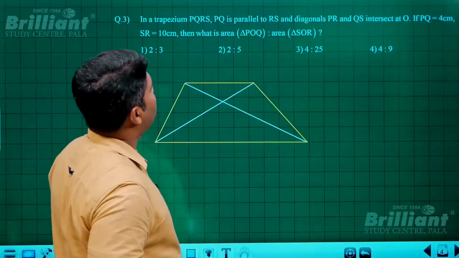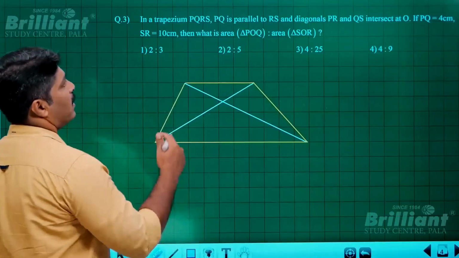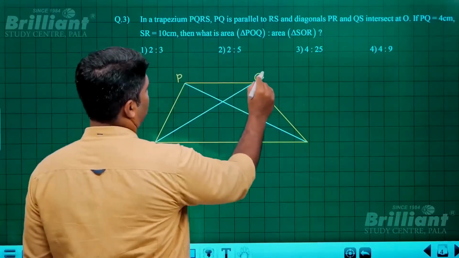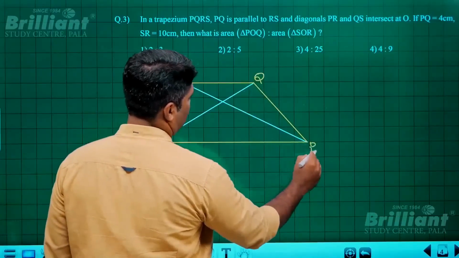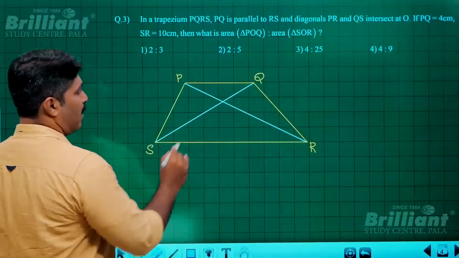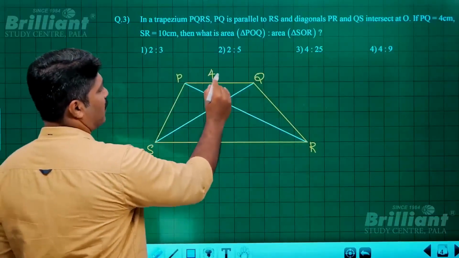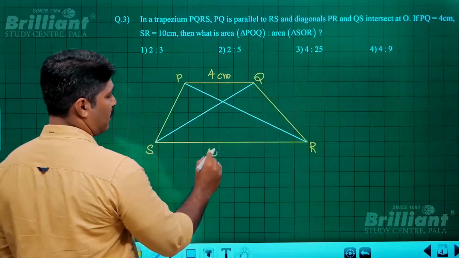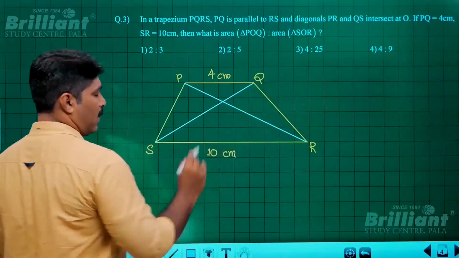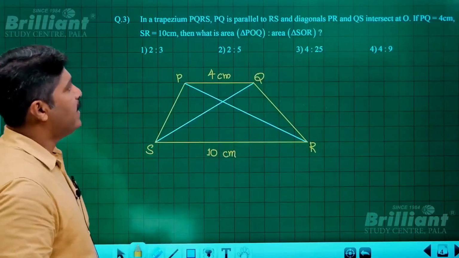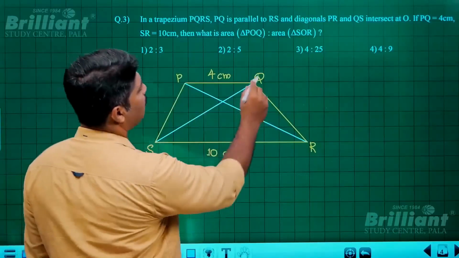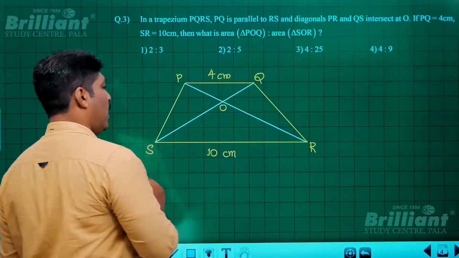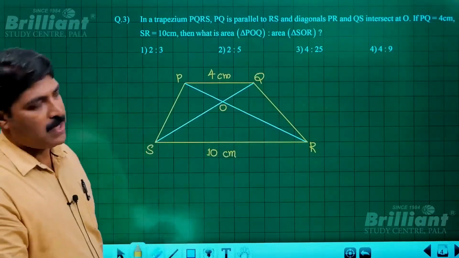So consider this a trapezium. The name of this trapezium is PQRS. Here PQ is 4 centimeter and this RS is 10 centimeter. Correct? We have to find out this triangle POQ and ROS or SOR.